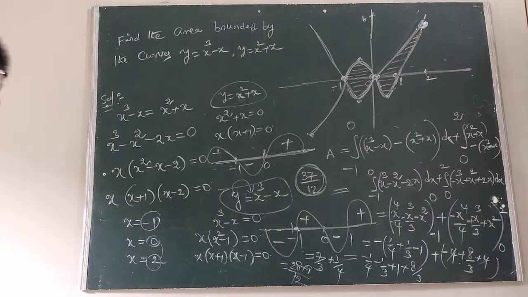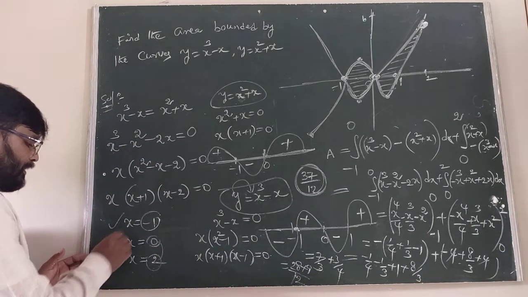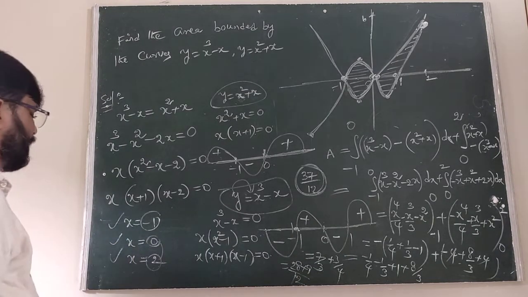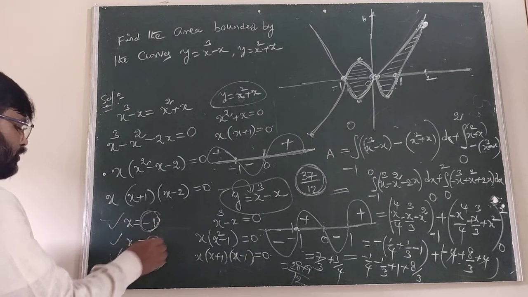At the same time, the points of intersection are undoubtedly minus 1, 0 and 2.